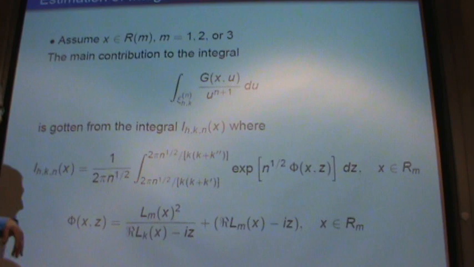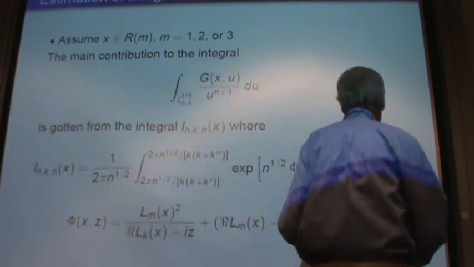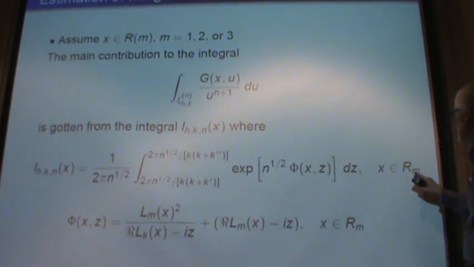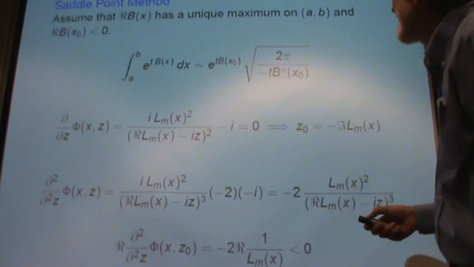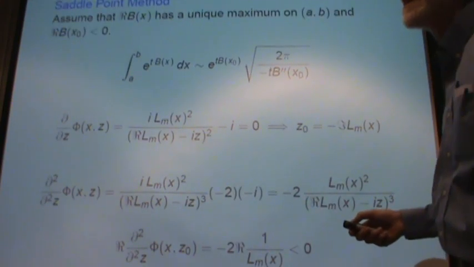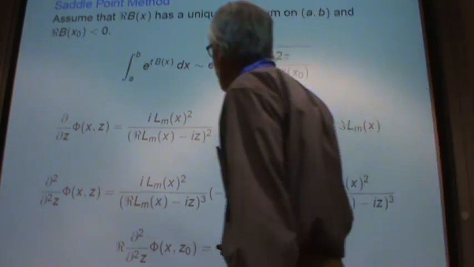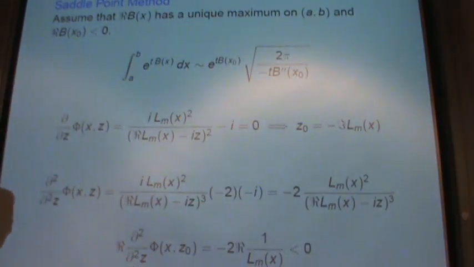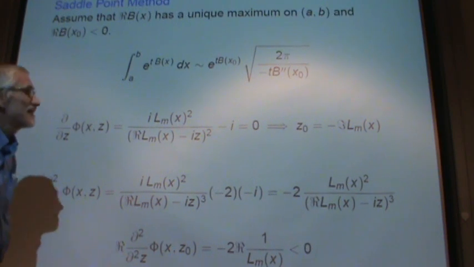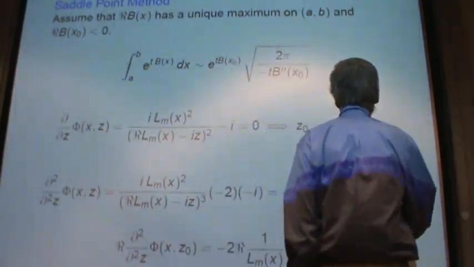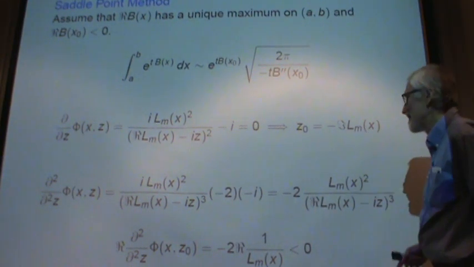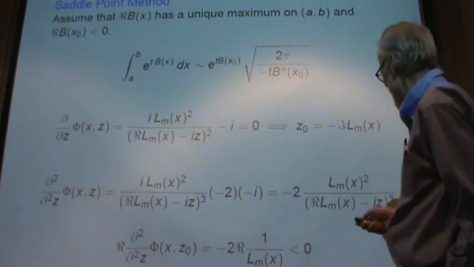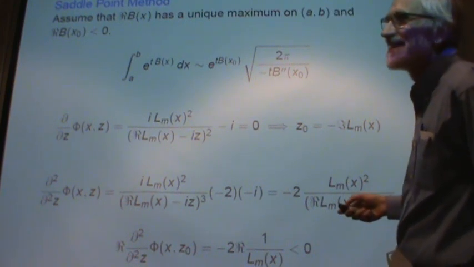This is formulated under the restriction that x is in R_m. Then one can apply the saddle point method to understand the asymptotics of the integrals. It turns out that there's one saddle point that occurs at minus the imaginary part of L_m.